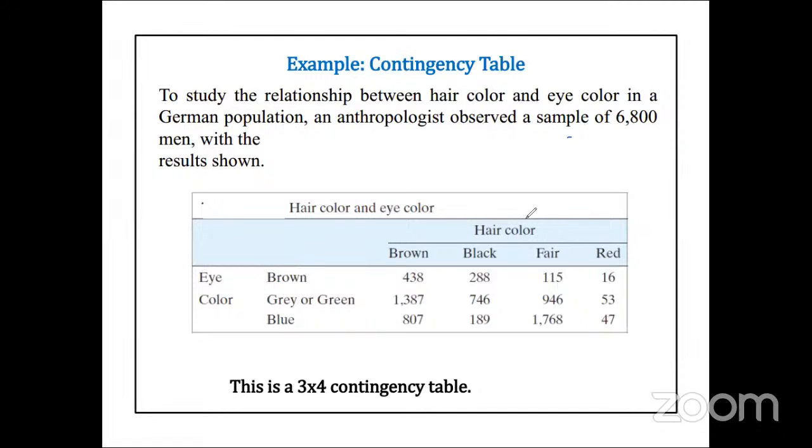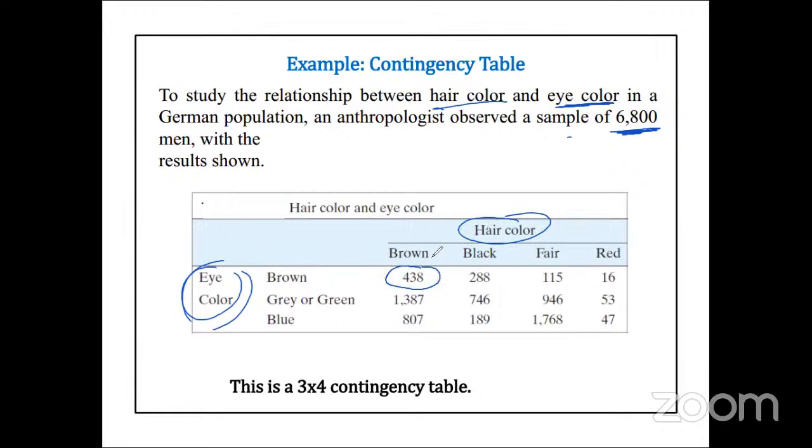So this is example obviously from European countries. So hair color and eye color, these are the two variables. So you want to study relationship between hair color and eye color. So from the German population, 6,800 people were taken, and their hair color and eye color was recorded.